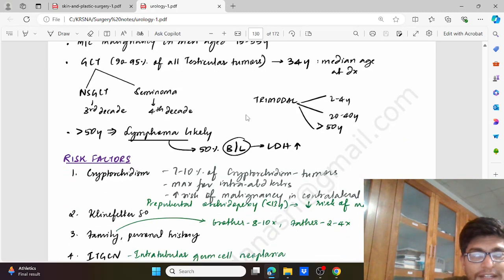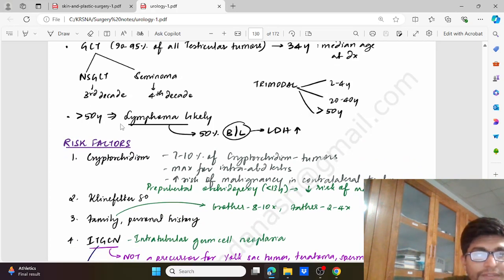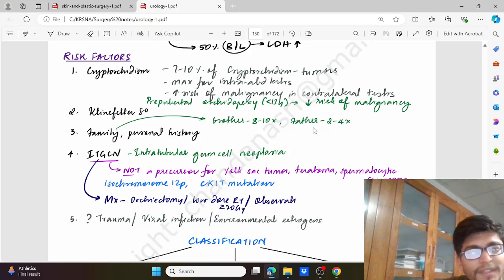The age distribution is trimodal: 2 to 4 years, 20 to 40 years, or more than 50 years. For more than 50 years, lymphoma is more likely. 50% will be bilateral and will have increased LDH.